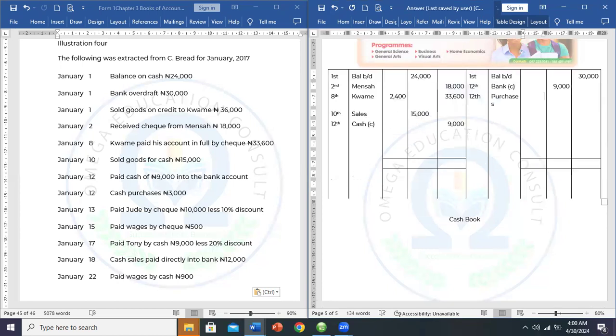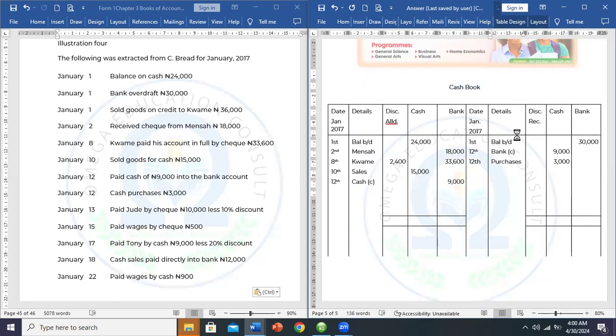We'll put it under the cash column. $3,000. Okay, let me bring this cash book down. It seems to be climbing. Okay. So there we have.